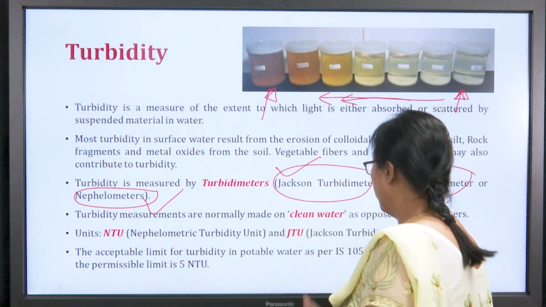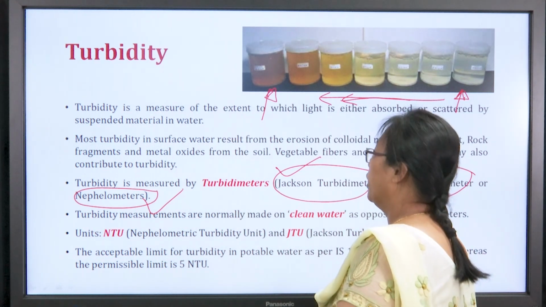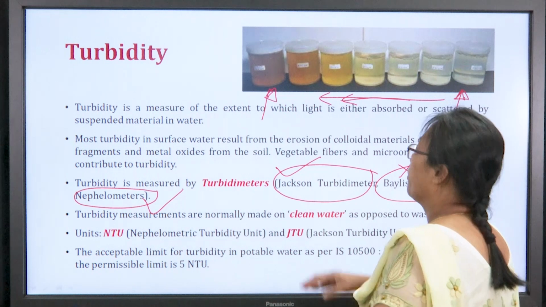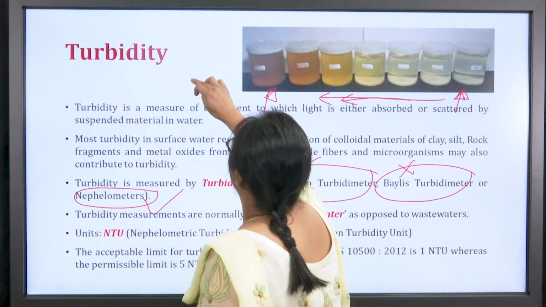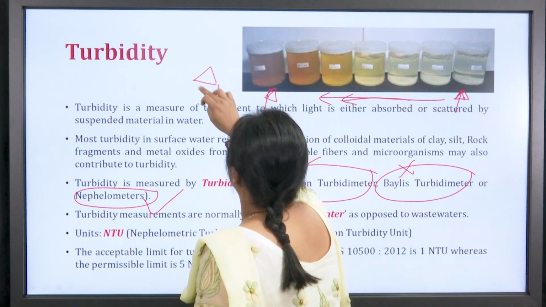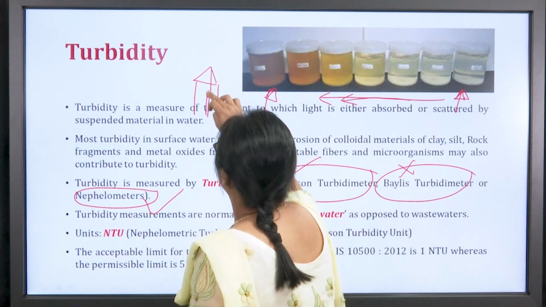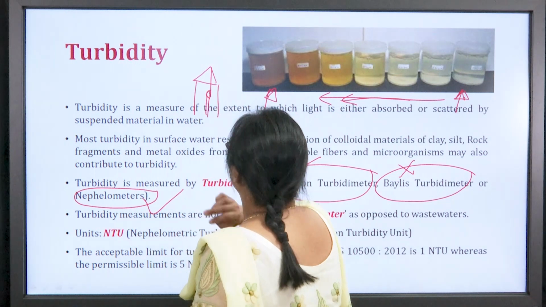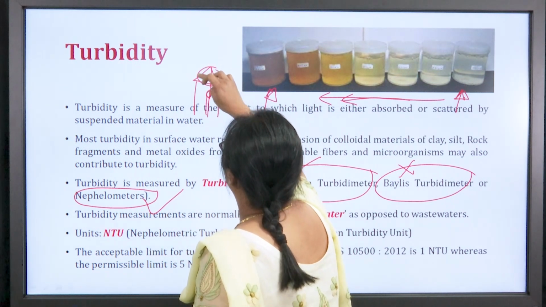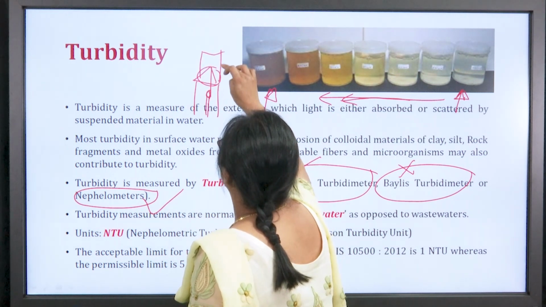So, in the Jackson turbidimeter, what we do is we have a sort of a candle stand, okay, and we will light the candle below this. On this stand we are going to have a metal cylinder.